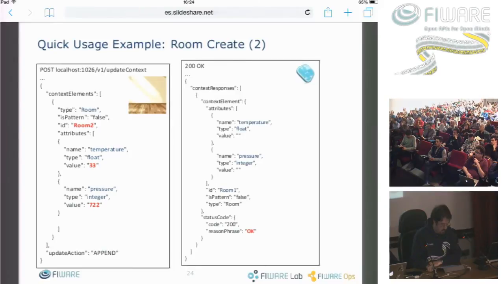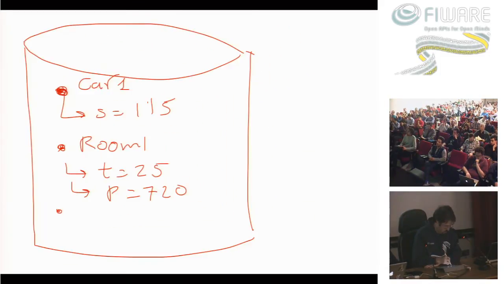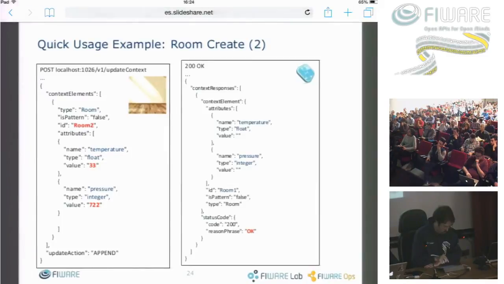Okay, let's imagine I create a new room number 2, with these values, with I think it was 33 and 72.